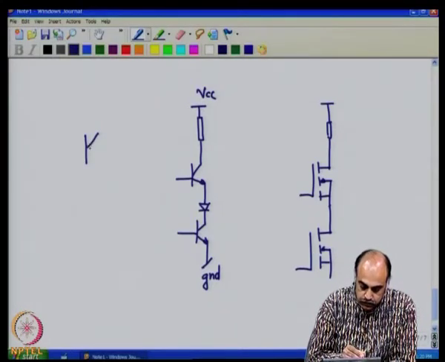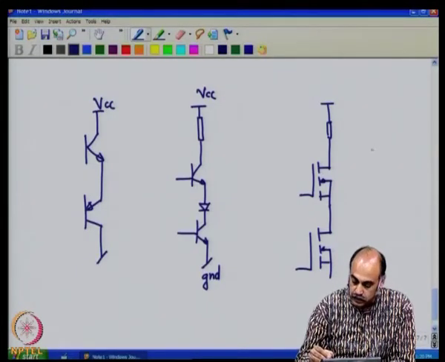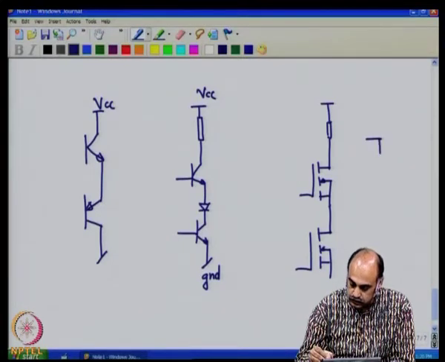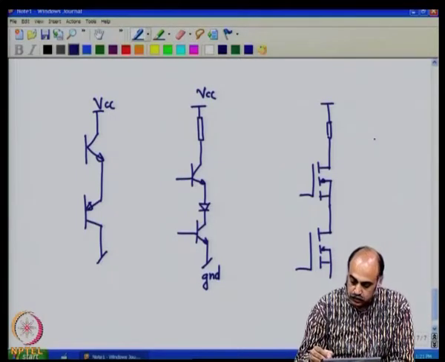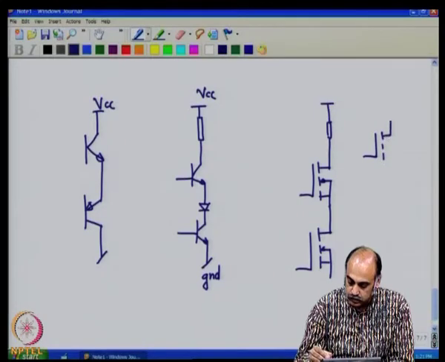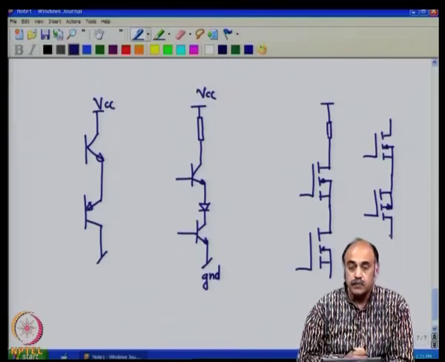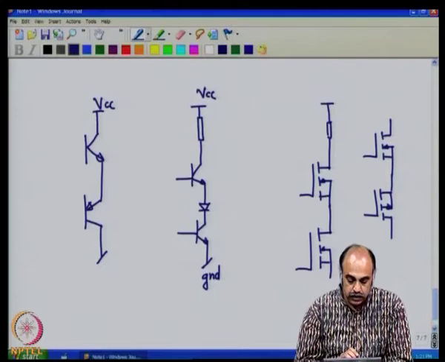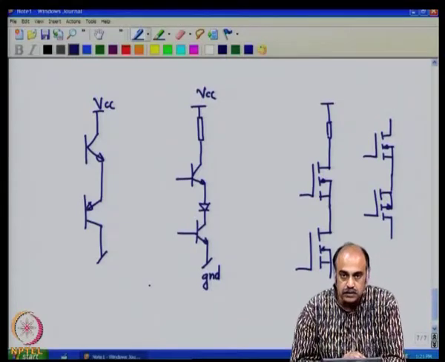That is, you could have VCC, ground, you could have structures like this. Or you could have the P type at the top and the N type at the bottom. So, many such structures are possible.